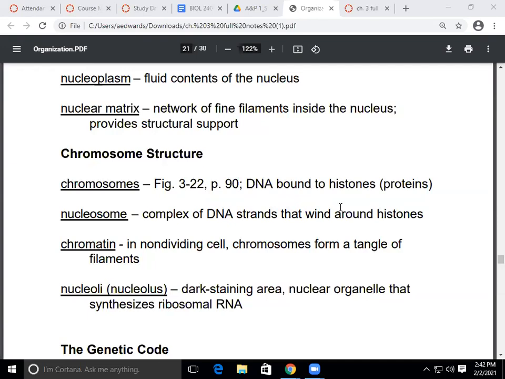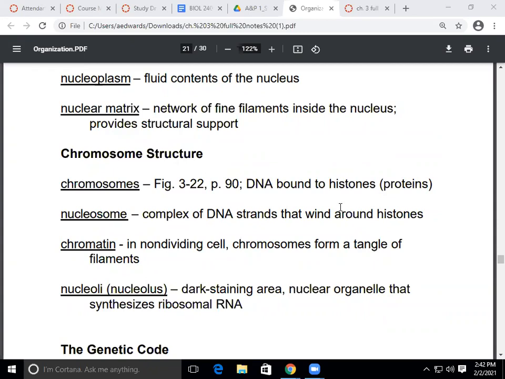So your chromosomes, this is where you take your DNA and you wrap it around these histone proteins. Okay, that's what chromosomes are. And that's good because when your cells get ready to divide, it's easier to grab the DNA if it's clumped up together, as opposed to just floating everywhere.